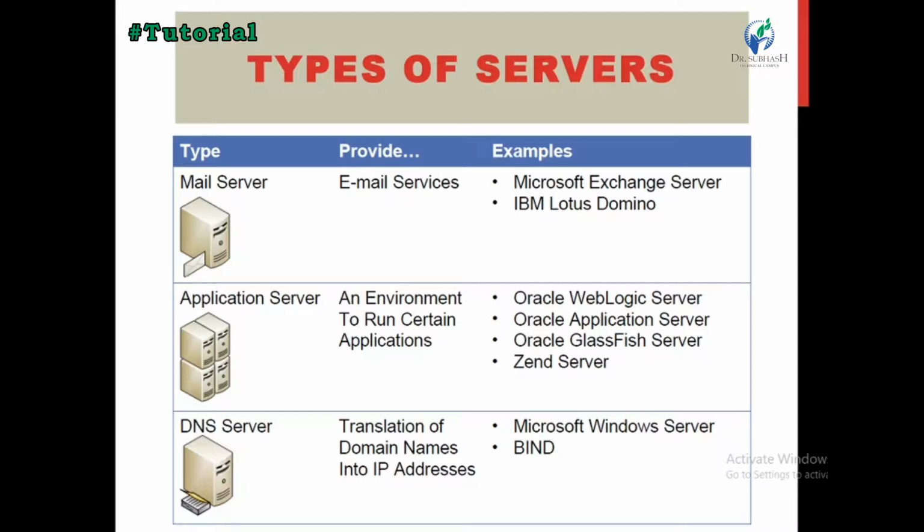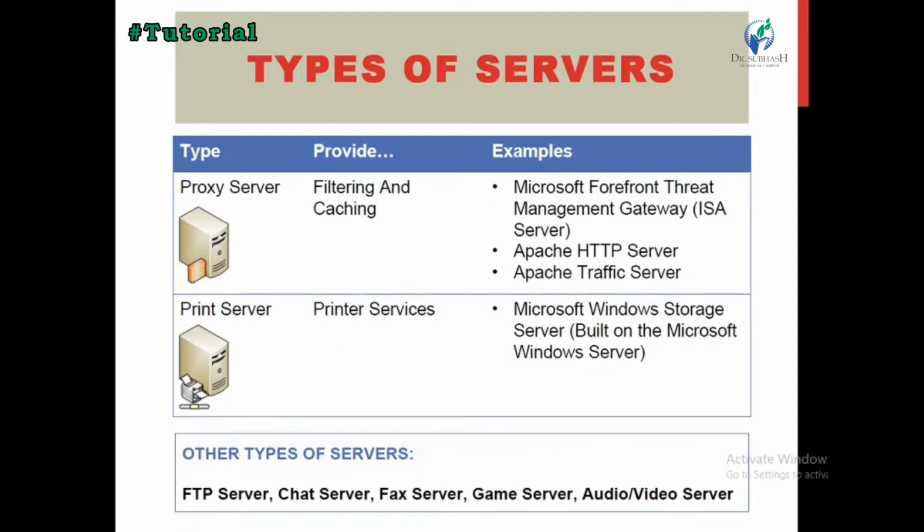There are many servers available, like FTP servers and DHCP servers, but we have seen just a few. Then we have the proxy server. The use of a proxy server is that it will hide your identity. If you are requesting something on the internet and you use a proxy server, it will be an intermediary between you and what you are requesting.